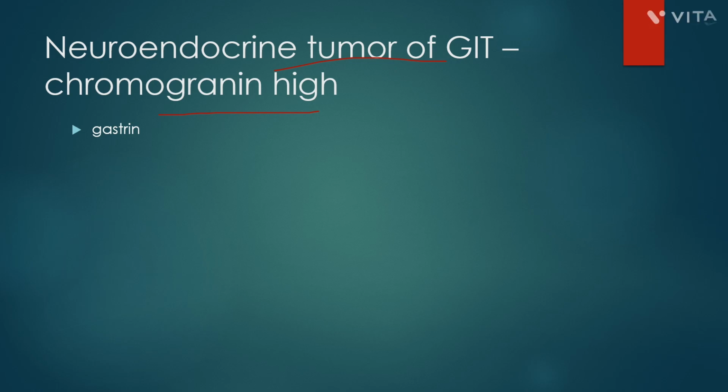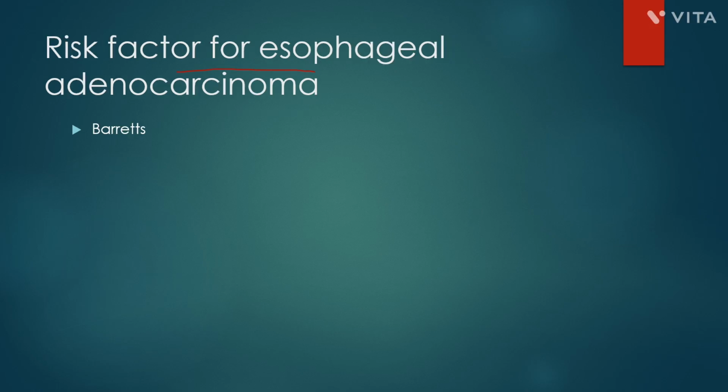It is gastrin. Risk factor for esophageal adenocarcinoma. So esophageal lining is mainly squamous epithelium. So in esophagus, it is mainly squamous cell carcinoma.